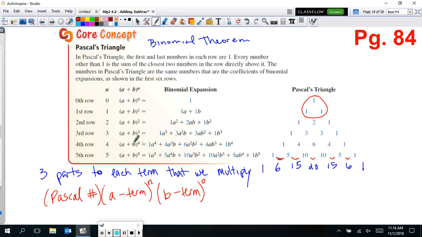It's always going to be 1 more number than your exponent number. So your number of terms will always be 1 more than your exponent number. That's something to keep in mind. So if we have something to the 5th power, you're going to have 6 numbers. You're going to use those 6 numbers for each of the terms. Your first term, second term, you multiply by those numbers there.